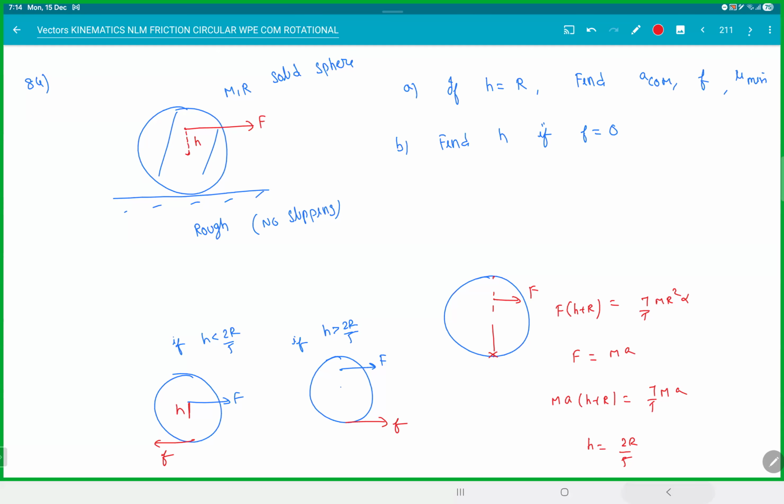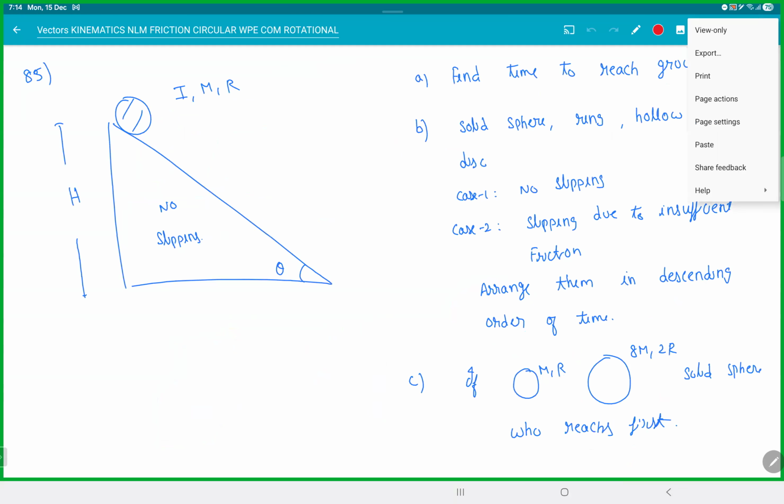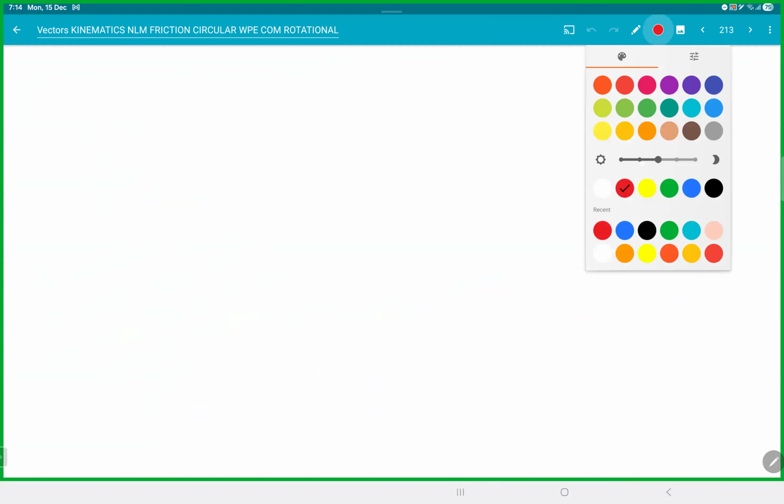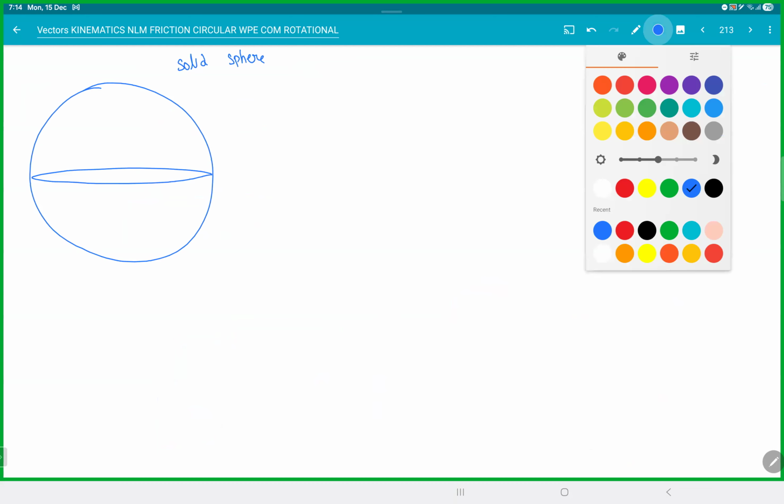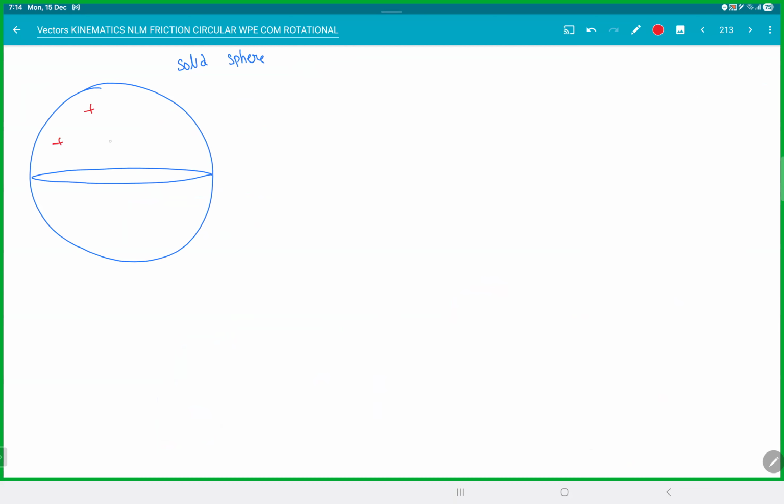Same thing. These questions you can also ask in another way. Let's say we have a solid sphere where the upper half is positive and the lower half is negative. Let's say plus q, minus q. Hope you guys remember this.